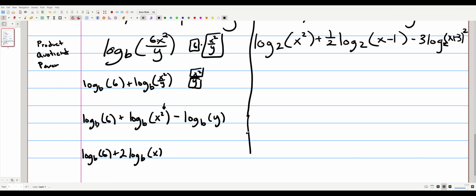The exponent is now in front. And then minus log b of y. All right. And so we can check one more time. Is there anything left for us to do? Doesn't seem like it. So we are good. So we've expanded our original logarithm as much as we possibly could.